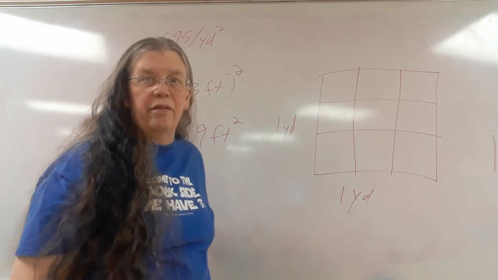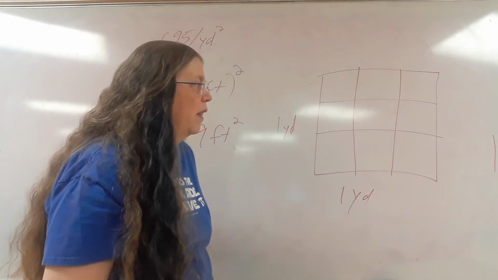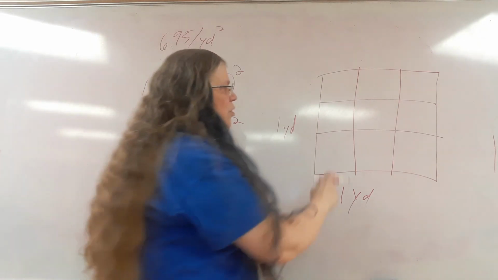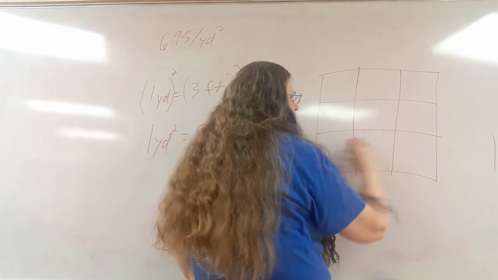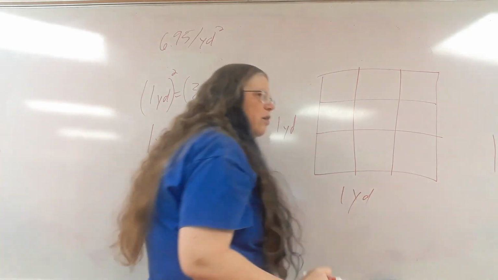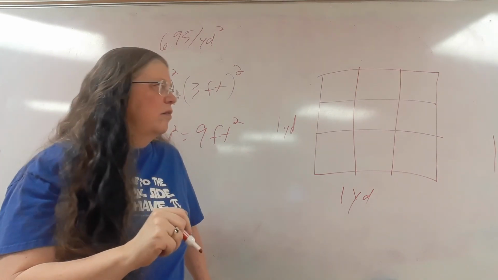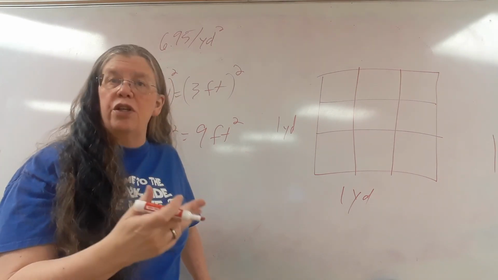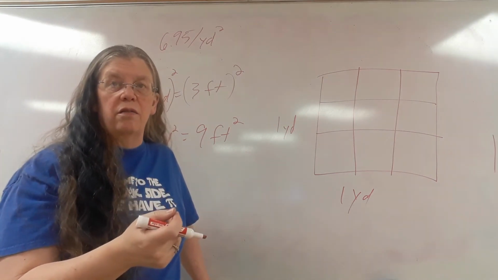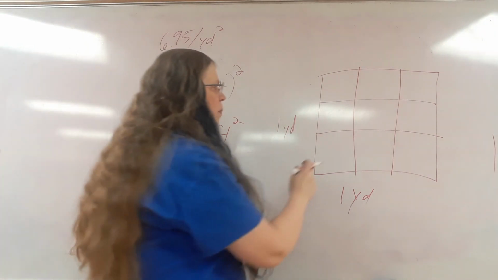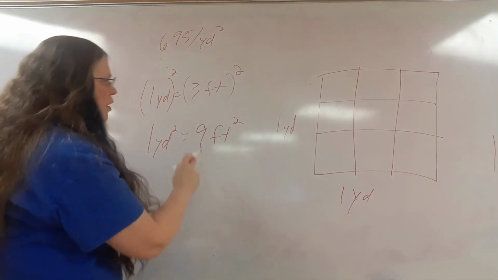It's 9. Okay? Because you're not just multiplying this way, you're multiplying this way as well. So you're going 2 dimensions. If it's volume, it's cubed. It's 3 dimensions. Okay? So that's where this conversion factor comes from.